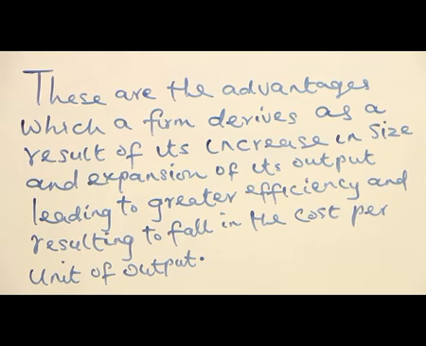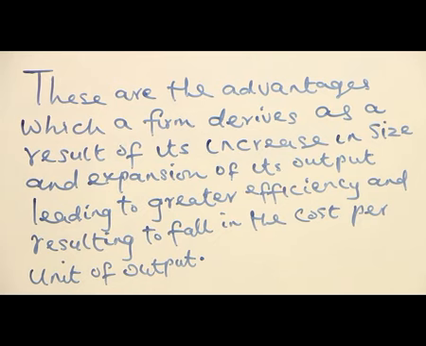But consider a situation where a firm is having an increase in size, but there is no efficiency in what the firm is doing. So far there is no efficiency in it, definitely there may be an increase in the cost per unit. Therefore, we call it internal diseconomy of scale.